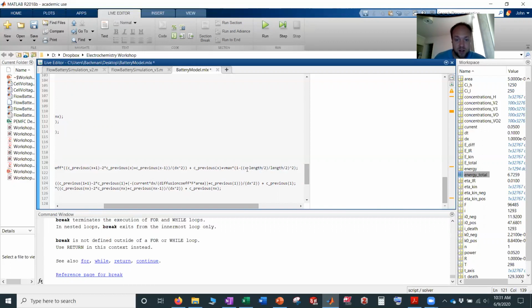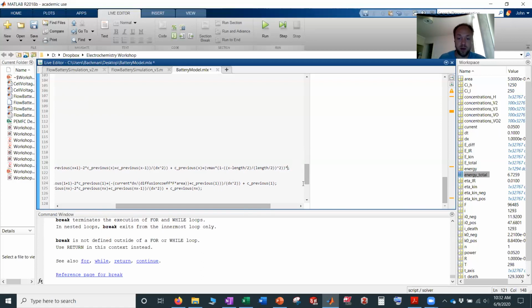This is basically the distance from the center, and this is the full distance from the center to the edge. So that's the velocity. Yeah, I need another parenthesis there.